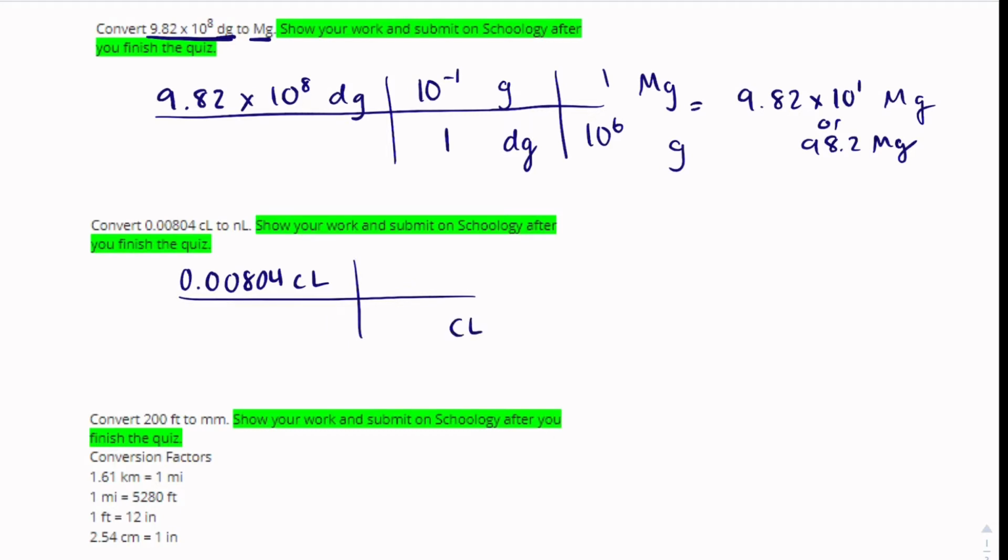We'll go from centiliters to liters, because this is a prefix to prefix, and liters to nanoliters. 10 to the minus 2 is for centi, and then 10 to the negative 9 is for nano. And we get 80,400, or 8.04 times 10 to the 4th nanoliters.